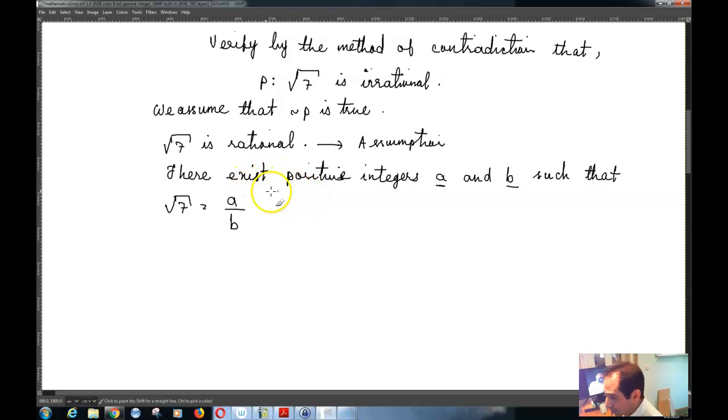But we can define a condition here, where a and b have no common factors.